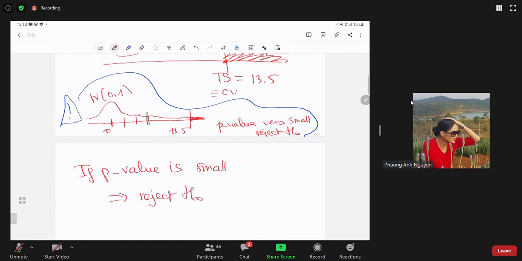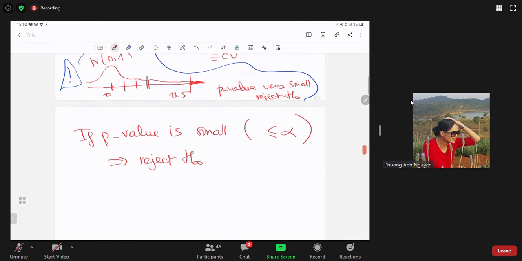But how small? If I test the hypothesis at 5%, then I use alpha here. If the p-value is less than or equal to alpha, for example 5%, 0.05, we reject H0. Otherwise, we do not reject H0.